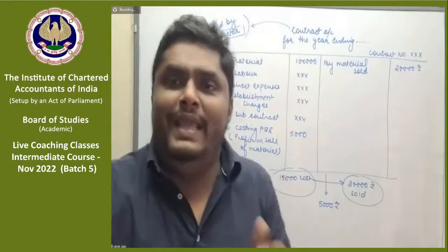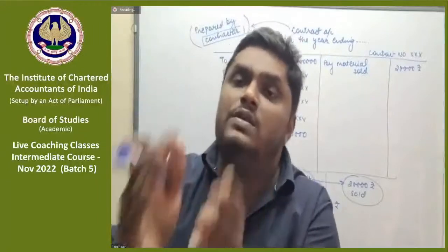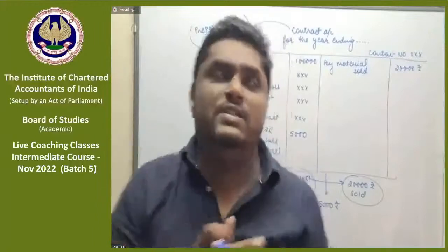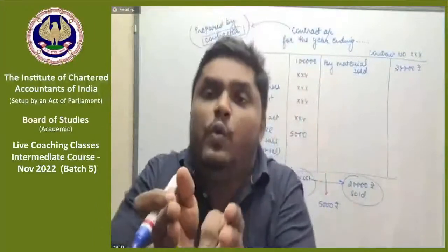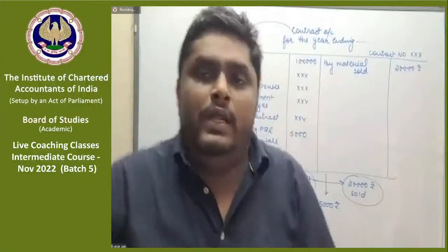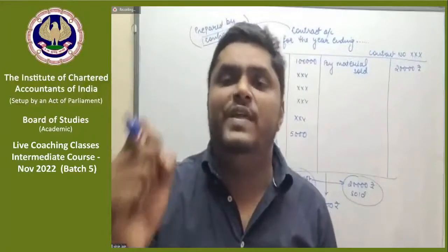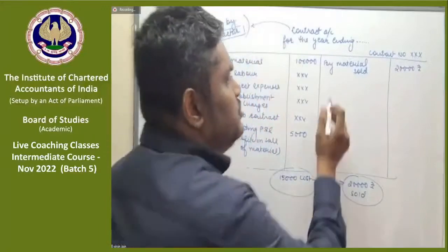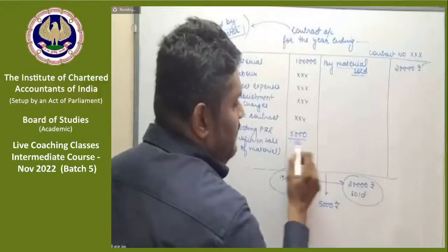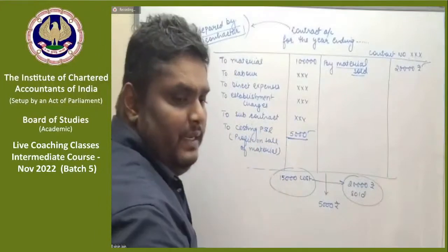So ultimately, since 15,000 costing material is supplied to some other person and sold in the external market, the effect of only 15,000 will be removed from the contract. So when recording this adjustment, I repeat again, the material of rupees 15,000 is sold for 20,000. So by material sold 20,000, and the effect of 5,000 will be removed on the debit side, that is, to costing P&L, profit on sale of material.